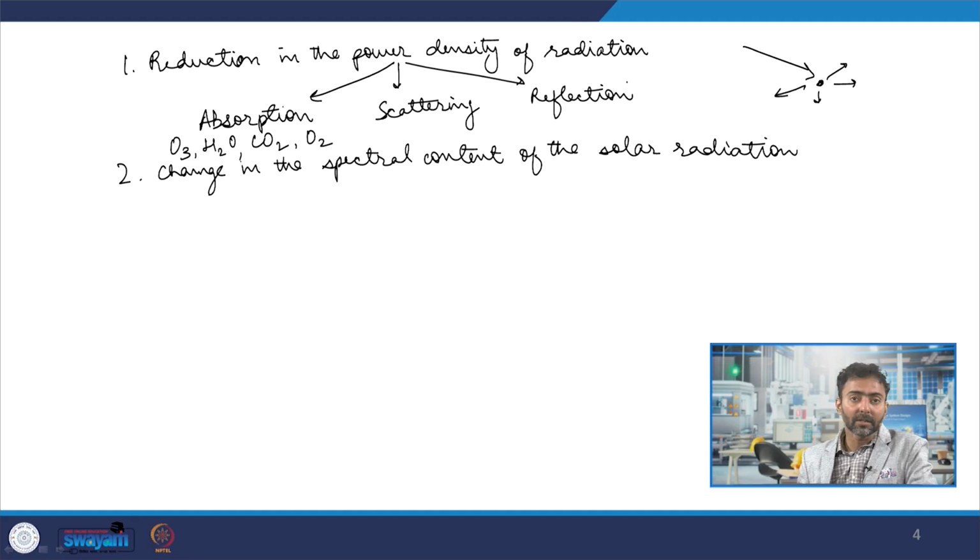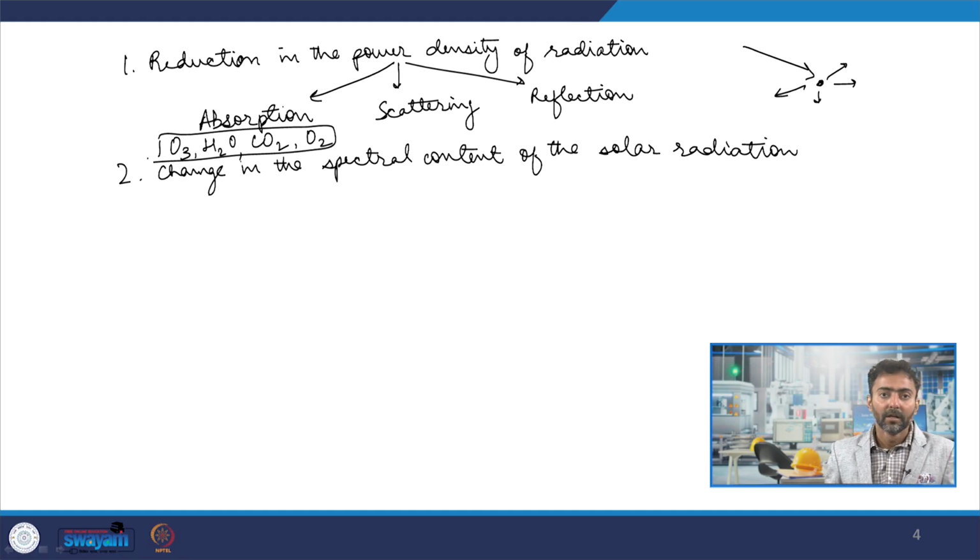So due to absorption, scattering and reflection, there is a reduction of power density of the radiation in the Earth's atmosphere. And the second thing is the change in the spectral content. These gases which we mentioned do not absorb radiation in a uniform manner. These gases, and any other gas for that matter, are sensitive to radiation at particular wavelengths.